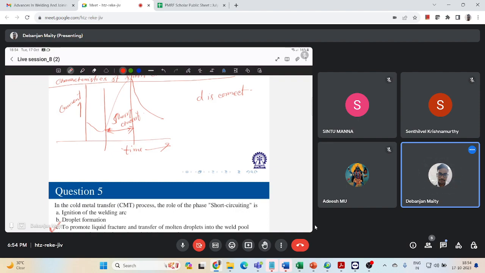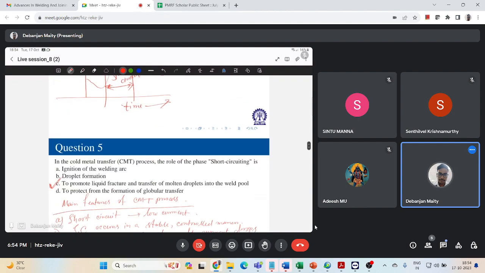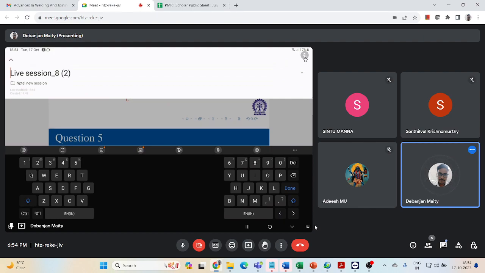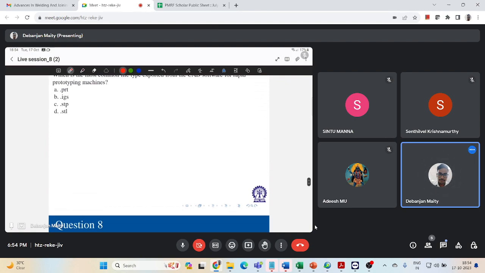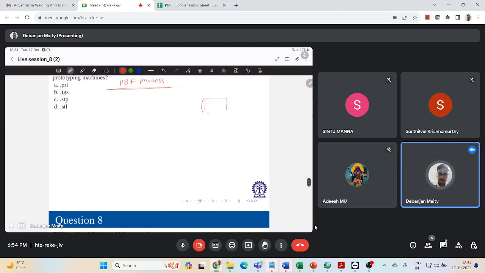Now, I don't know if I can draw it or not. Let's try to draw this. We have some space over here. So if we try to draw this PBF process, let's say this is my laser source.